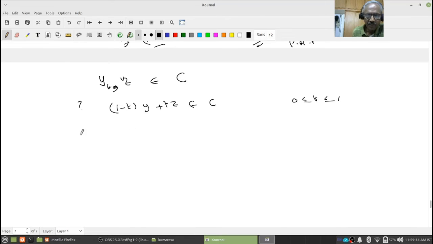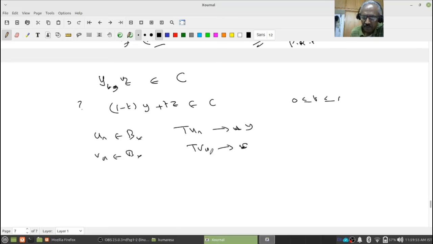But what I know is there is a sequence, let me call it un in Bx, so that T un converges to y, and similarly vn in Bx, so that T vn converges to z, because y and z belong to the closure.